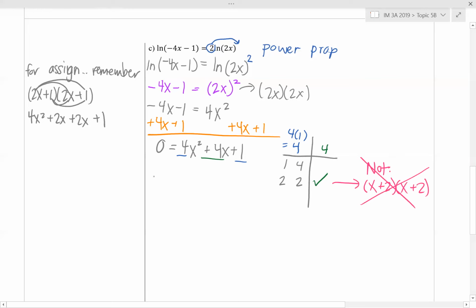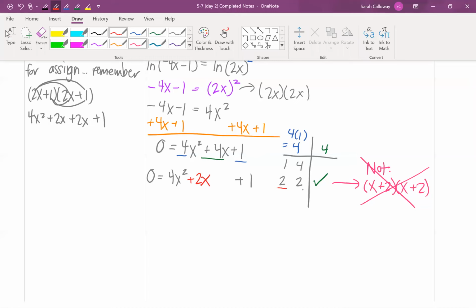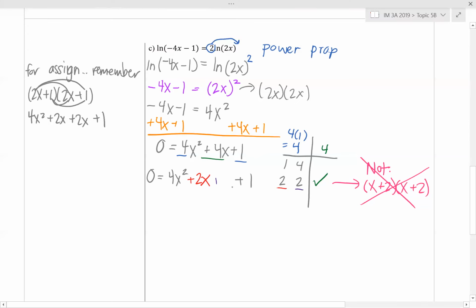Remember that with grouping, we take our first term and our last term, and they stay as they are, and then we use these terms to split up our 4x. So our 4x is now going to be 2x plus 2x, using the values from our product sum table.